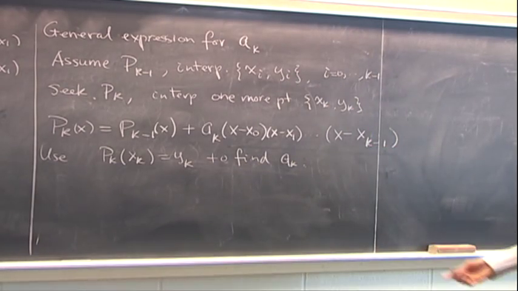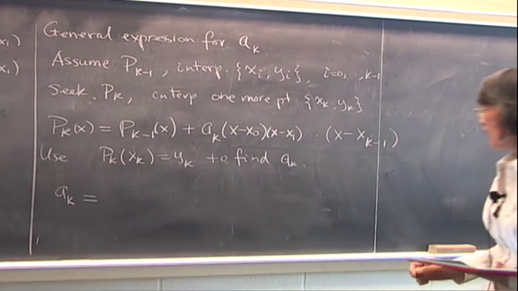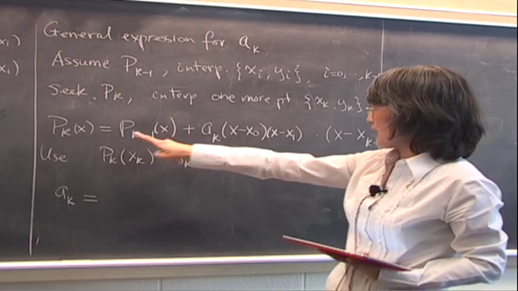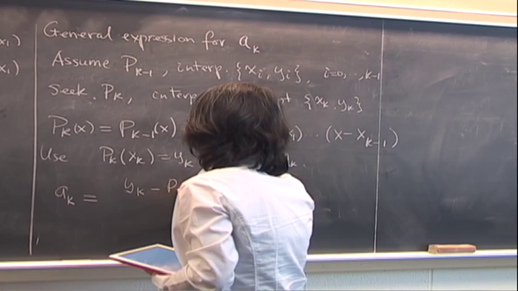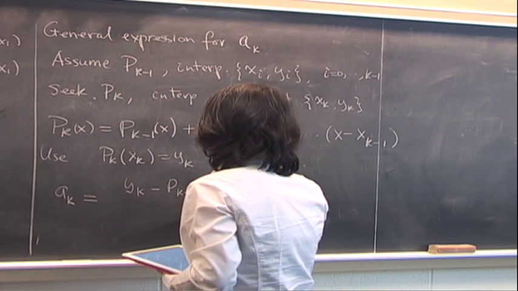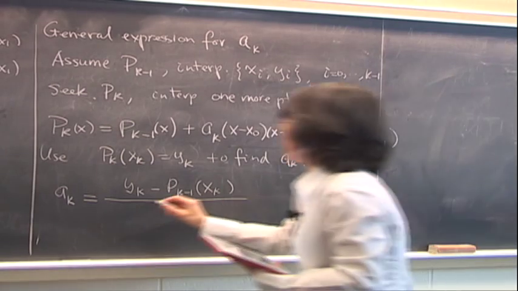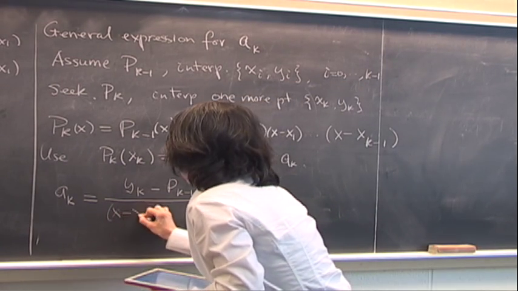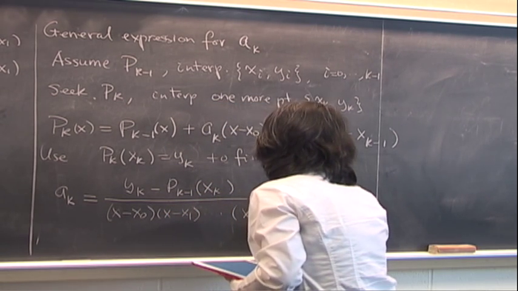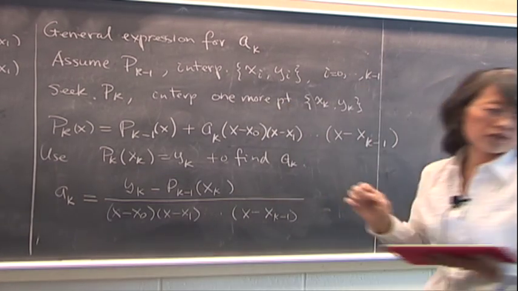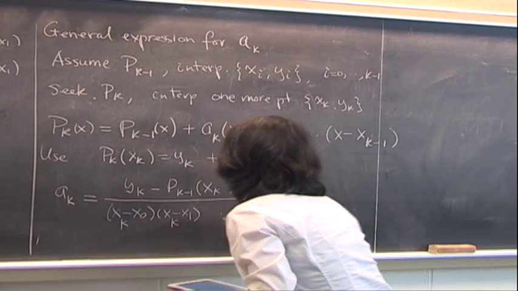Okay, so you just plug into this equation and you compute. So the Ak takes the following value. You put in xk and this shall equal yk. So I move this over. I will get yk minus p_{k-1} of xk, that's the numerator, and divided by this product, right? So (x minus x0)(x minus x1), all the way to (x minus x_{k-1}). Oh no, it's evaluated at xk.